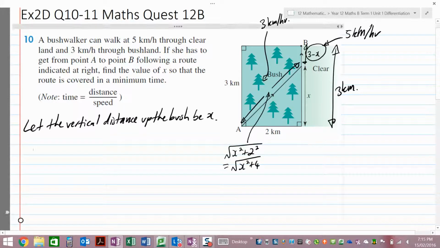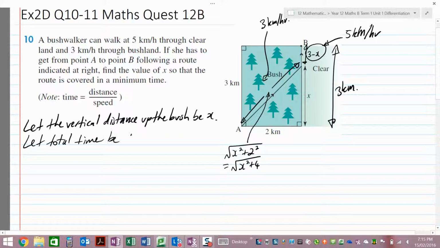Okay, so the total time. Let's let total time be t as well. And that's the thing that we're trying to minimize. This total time will be the time in the bush plus the time in the clear.